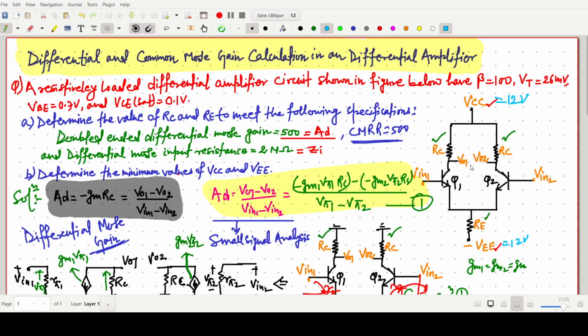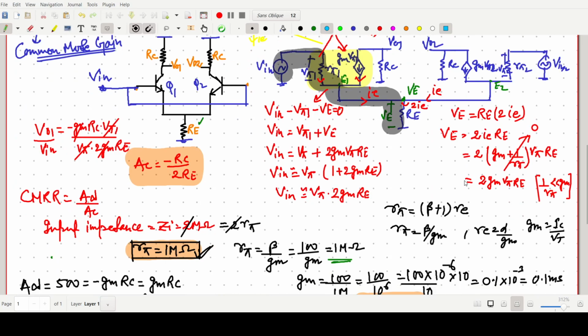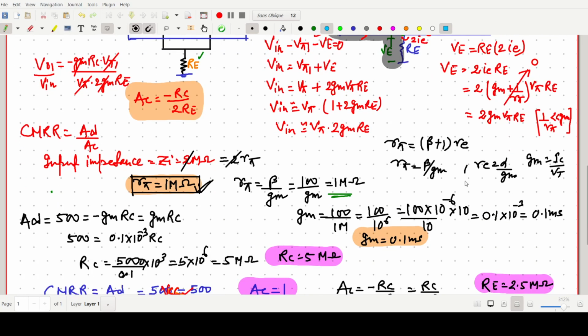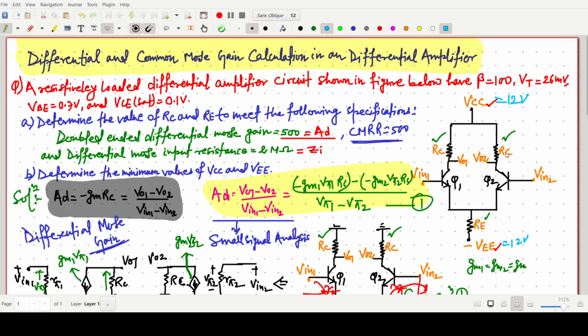How much did we find for the value of RC? Just check the RC value. RC is 5 mega ohm and RE is 2.5 mega ohm.